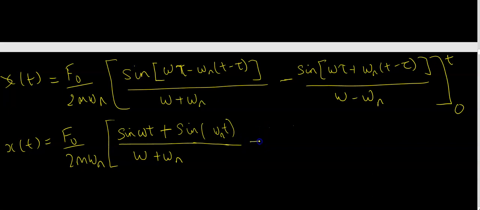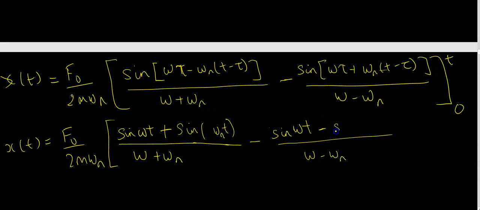We're going to have negative, that didn't change, and then I have omega minus omega n, and at tau equal to t, you're going to end up at 0 again, and you're going to have sine omega t once more, and then you're going to have negative, and then when tau is equal to 0, you're going to have sine 0 minus omega n t.